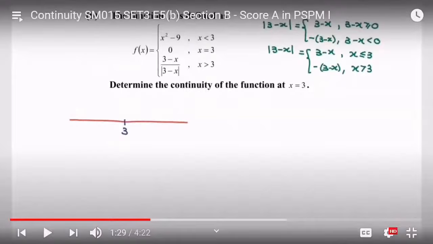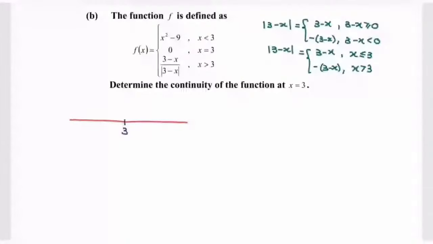Okay? On x less than 3, meaning that we will have the function x squared minus 9 on the left. Next, focus on when x equals to 3. So we will have the function 0. The third one will be x greater than 3. So in here, 3 minus x over the modulus of 3 minus x.